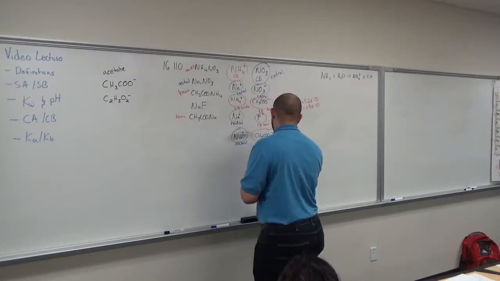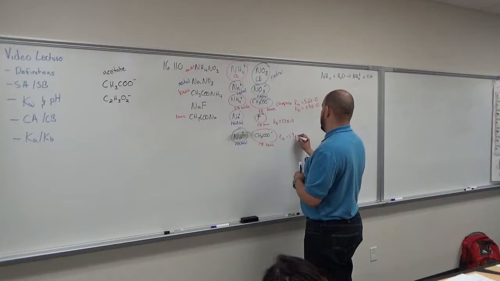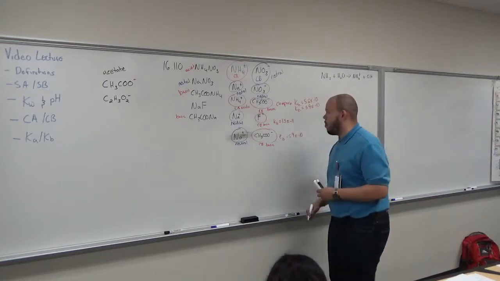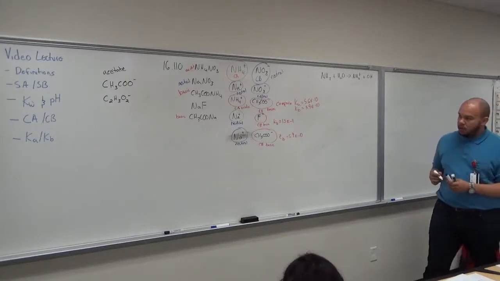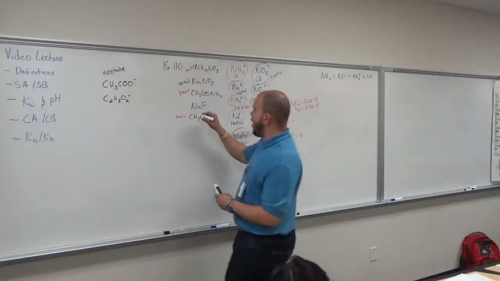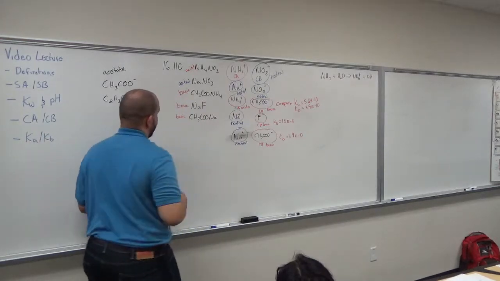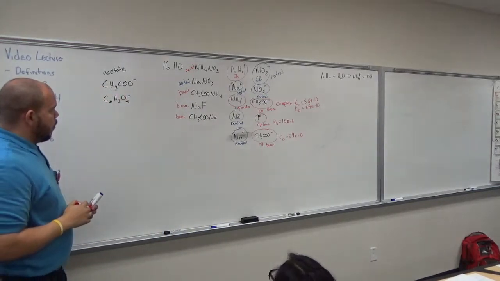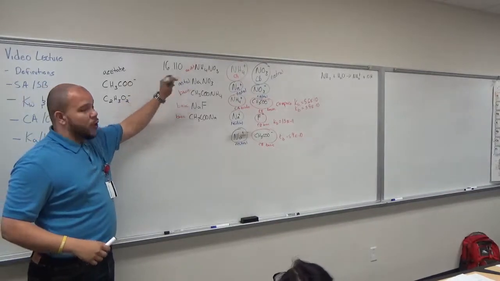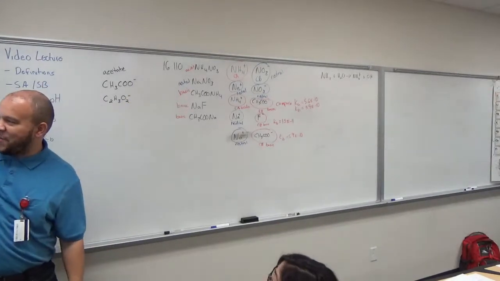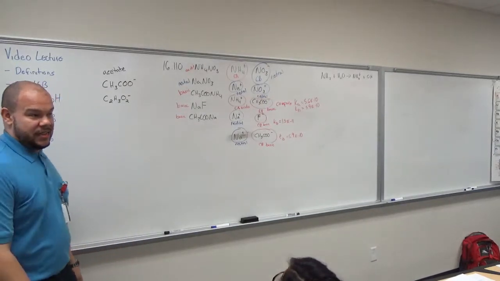And we know that the Kb here is equal to 5.9e to the negative 10. So we have three that are basic, one that is neutral, one that is acidic, and the question asks us to rank them in order of increasing acidity.